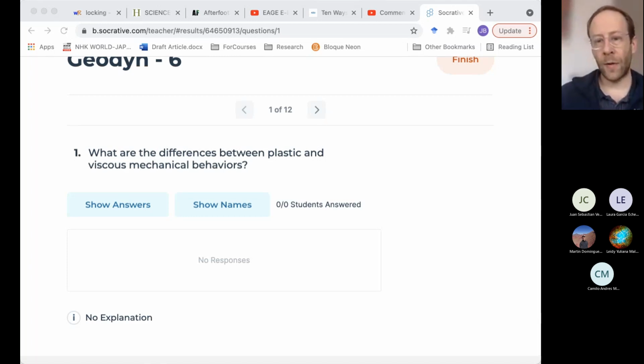So anybody with another idea? For example, if I ask you guys, what's the key property of the viscous mechanical behavior?